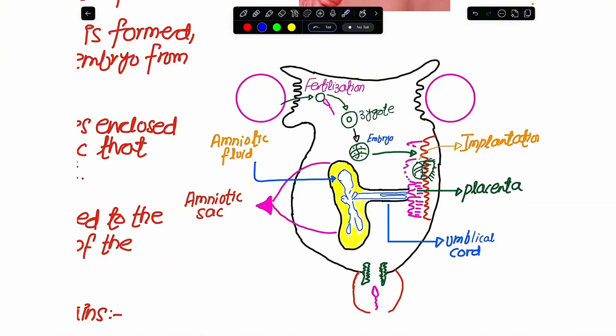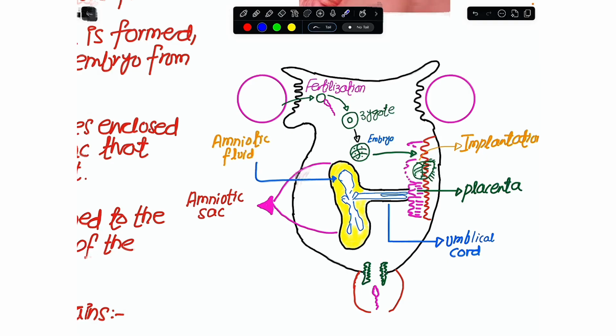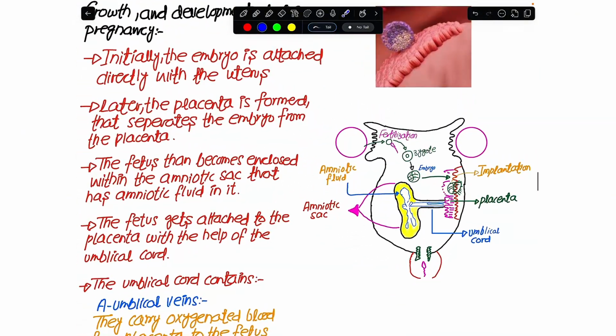But they do the opposite process. Carrying the deoxygenated blood from the fetus to the mother's body is done by the umbilical artery. But carrying the oxygenated blood from the mother's body or from the placenta toward the fetus is done with the help of the umbilical vein.